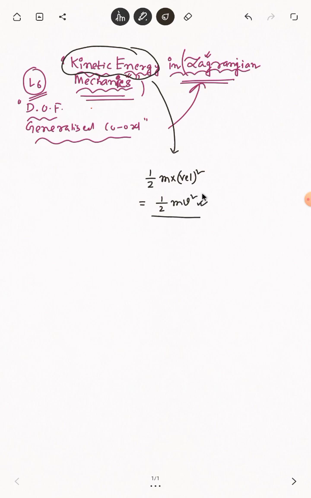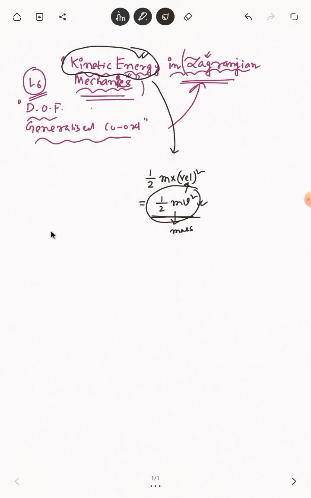It is true that in Newtonian mechanics this is the expression for kinetic energy, where m is mass and v is velocity obviously, but it is rather the expression, not the definition of kinetic energy.